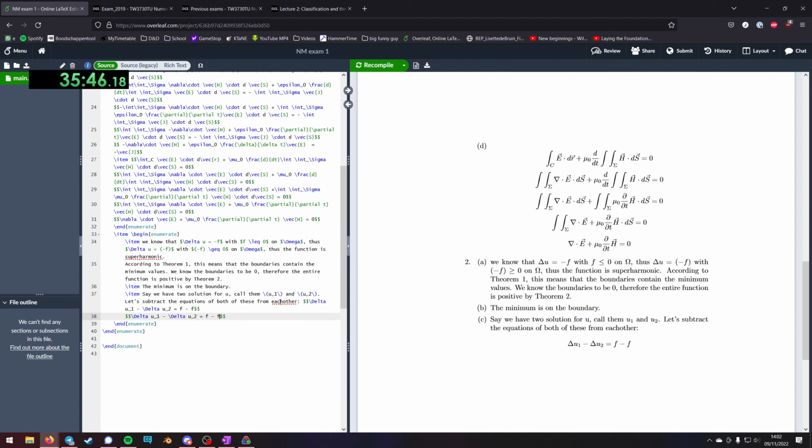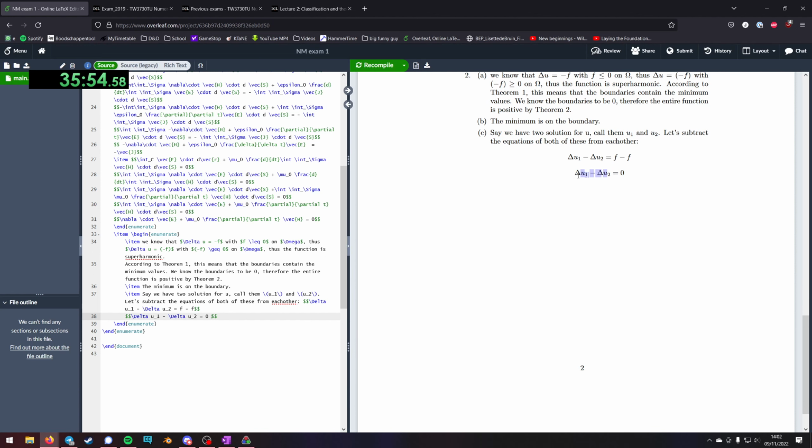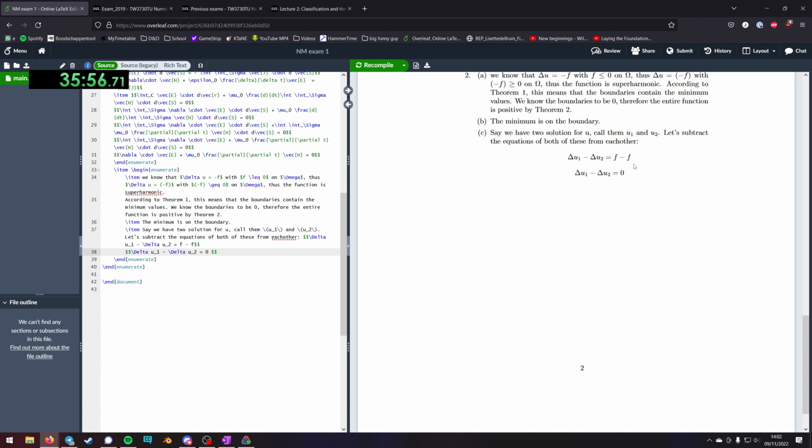Because these are all at the same points, we can just say 0. And then there was a way to show that this just equals 0. That was, I believe, the rough idea of the proof.